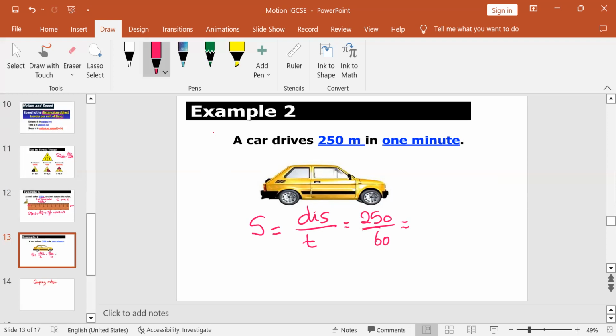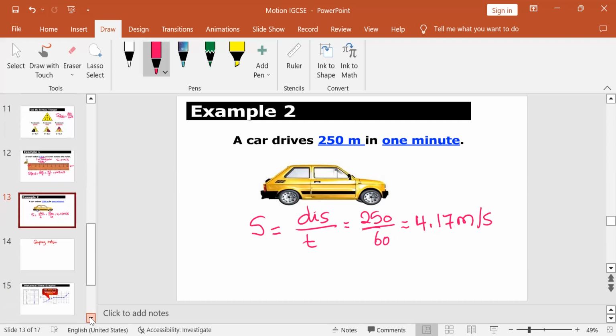The answer will be 4.167 meters per second. Any questions? No. Okay.